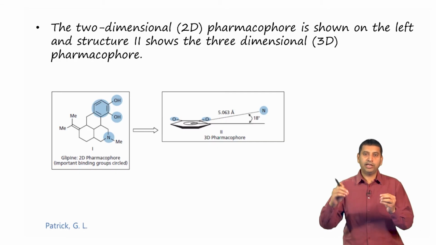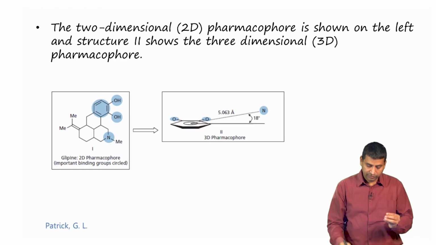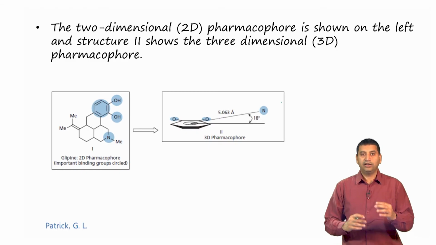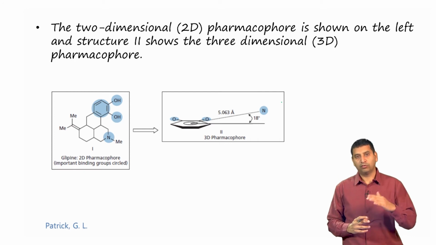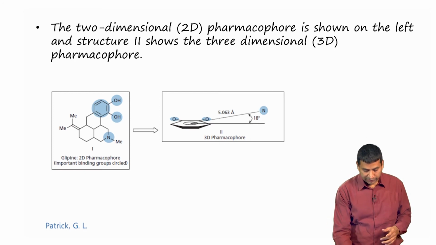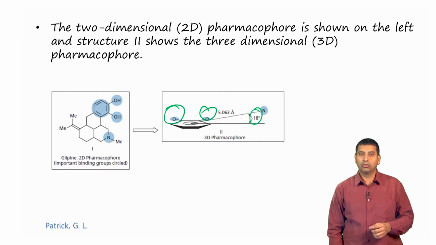Here, instead of looking at the molecule as being in a plane, we start looking at the molecule in 3 dimensions. We can measure the distance between, let's say, the aromatic ring and the nitrogen as shown here, and we can also look at the angle at which the molecule is out of plane. Here, for example, it is 18 degrees out of plane, and you can see that the other two alcohol groups or phenol groups are also present.